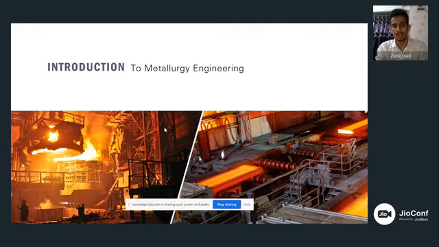Then metallurgists come and apply their metallurgical knowledge of material phases and material properties. They decide that this material should be used here and this particular alloy should be used there. We don't directly use basic metal; we make it an alloy. If we talk about steel, there are thousands of types of steel.